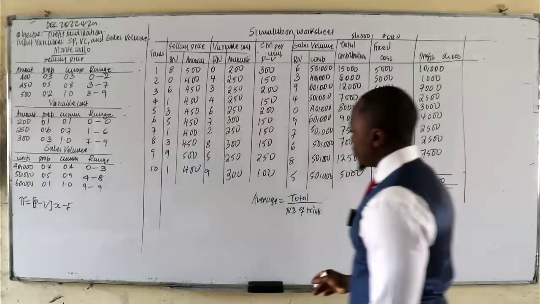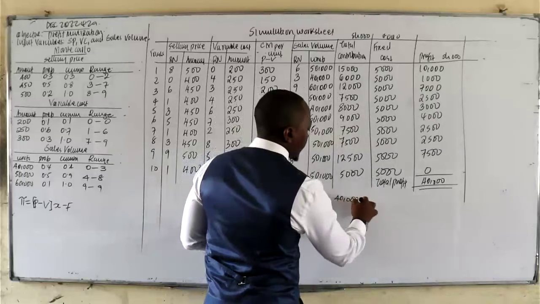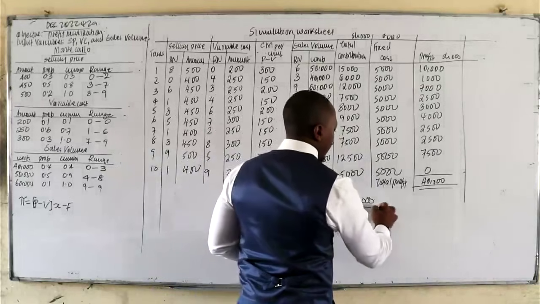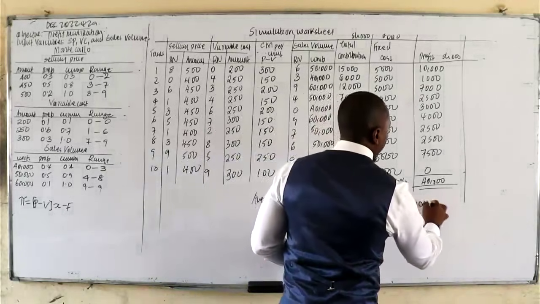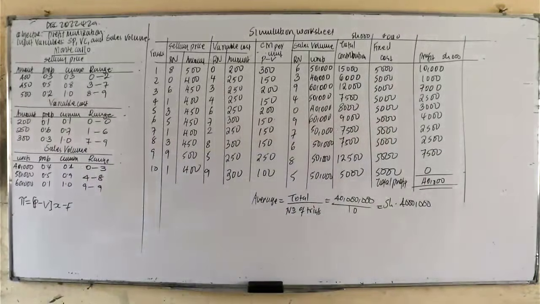So now to get the average, you take the total, and the average profit will be that. And that marks the end of that topic.